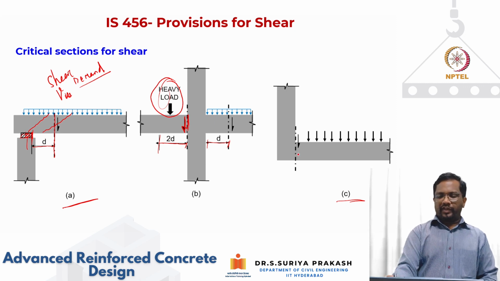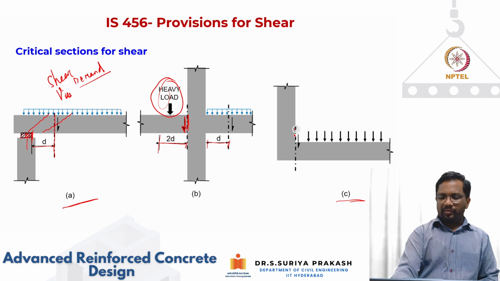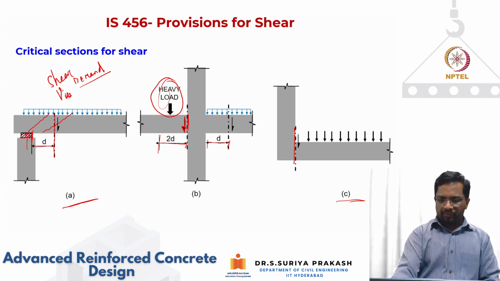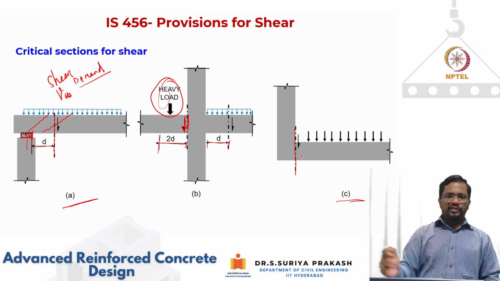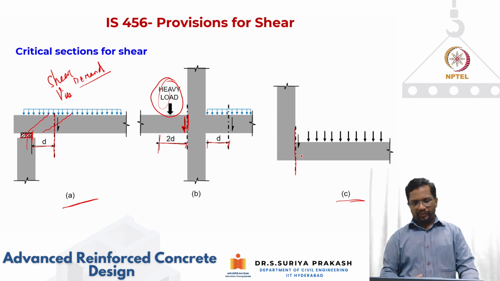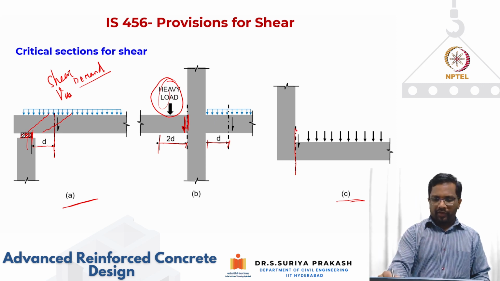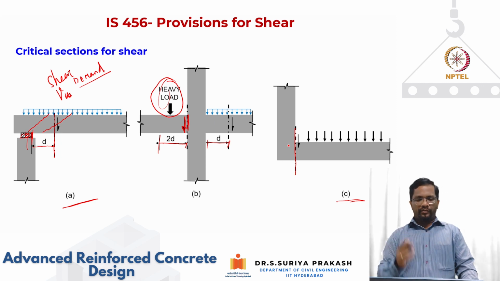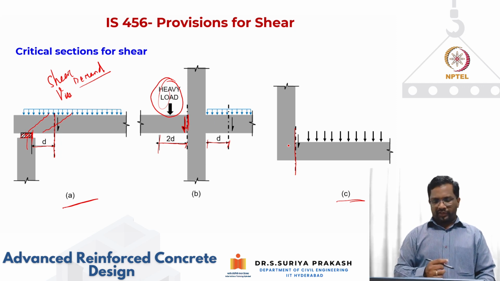Again, like this kind of a cantilever kind of suspension that is there, then in that case also your shear demand has to be taken at the face of the support like this. Okay, not at a distance d from the support. Okay, so when beams are getting hung from another element, again you will not have this beneficial effect. So you have to take at the face of the support for shear demand calculations.